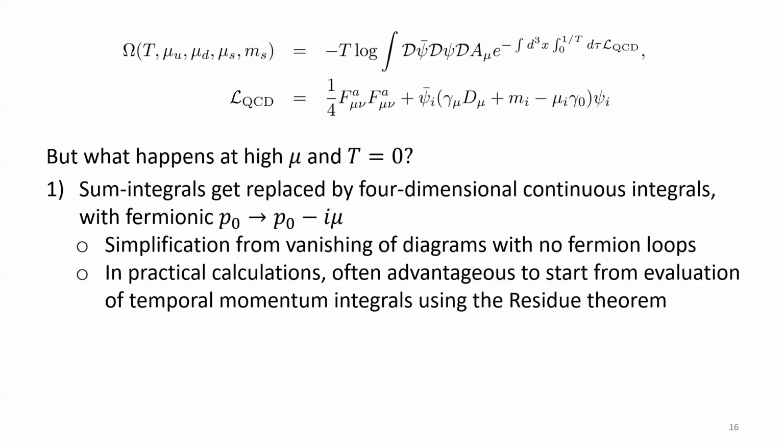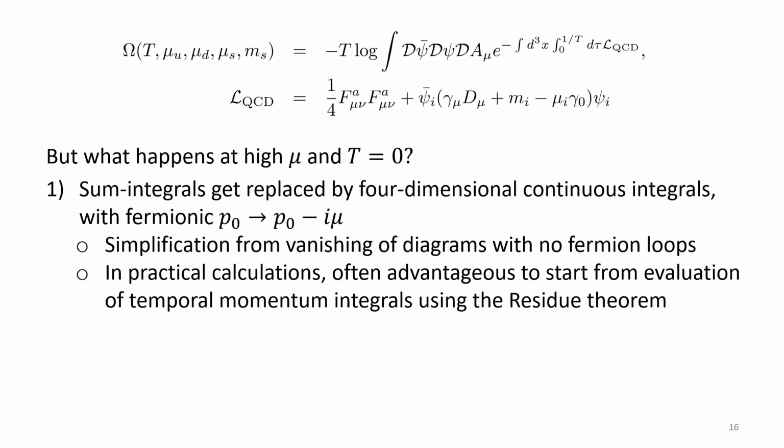There are also some simplifications. For instance, at zero temperature, if you have vacuum Feynman diagrams that don't contain any fermion loops, you can just throw them away, because there's no scale, no chemical potential present, and since the temperature is zero, you get scaleless integrals that vanish in dimensional regularization.